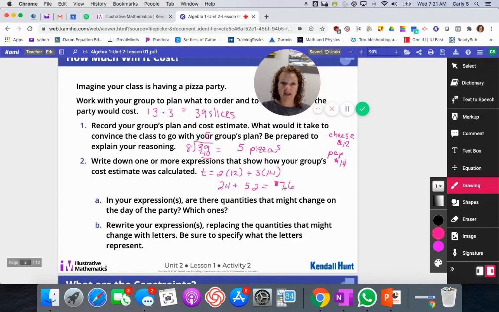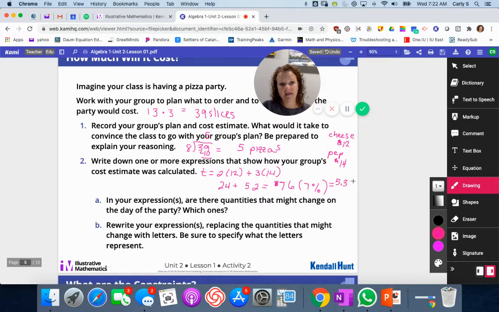Now, what about tax? There's usually tax included. Let's say it's about 7%. I'm guessing 7% tax. 76 times 0.07 is $5.32 of tax.